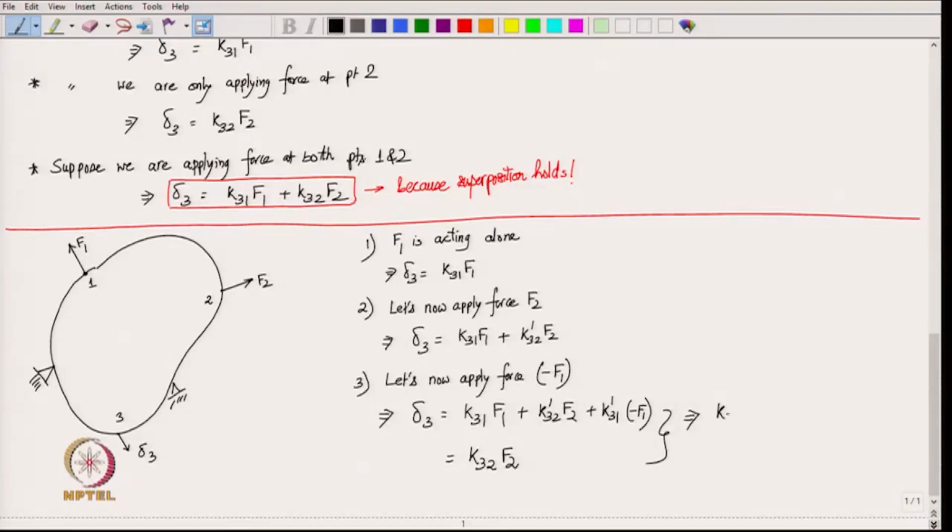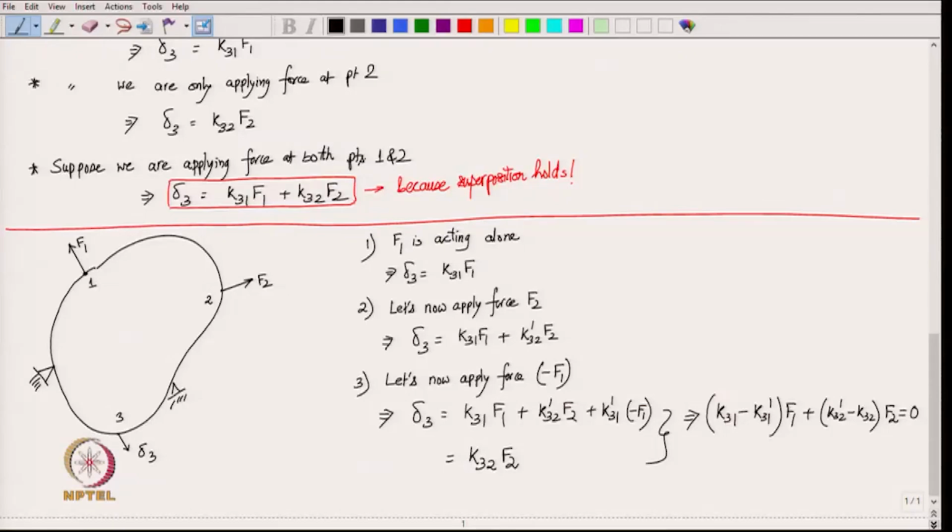All right. So, now when you compare these two, what do we get? This tells us that K31 minus K31 prime into F1 plus K32 prime minus K32 into F2 is equal to 0, right.